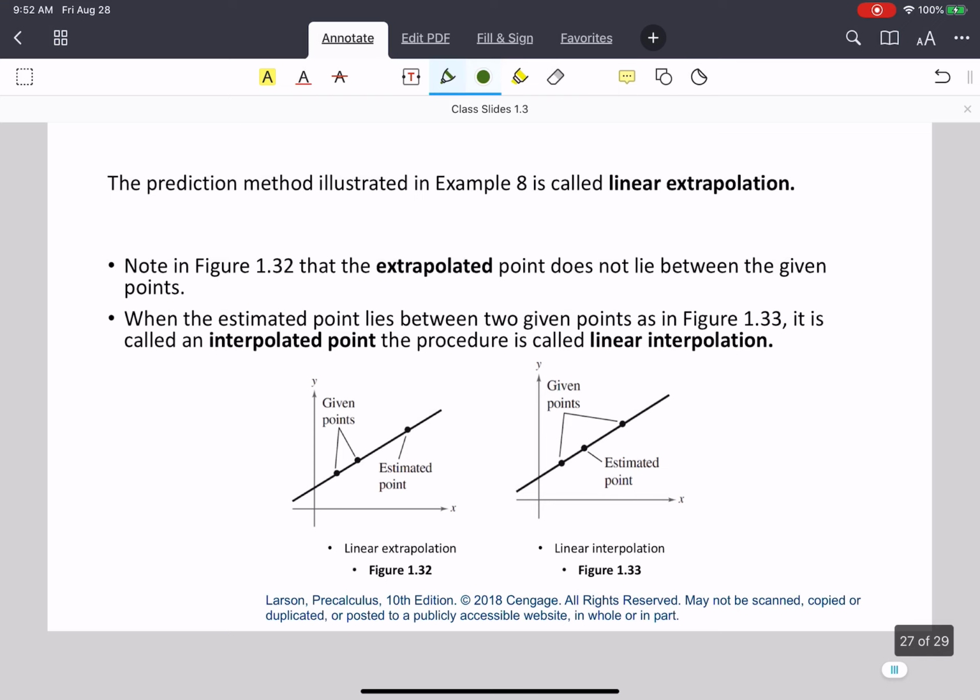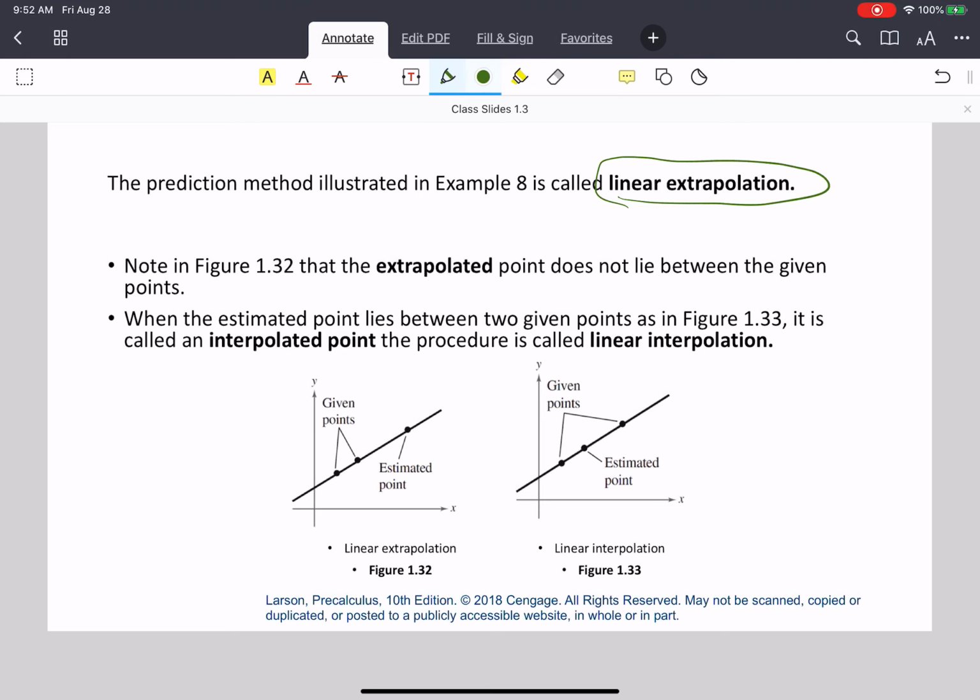The prediction method that we illustrated in the example is what we call linear extrapolation. What we did is estimate a point using the two given points, right? That's extrapolation. There are two types.